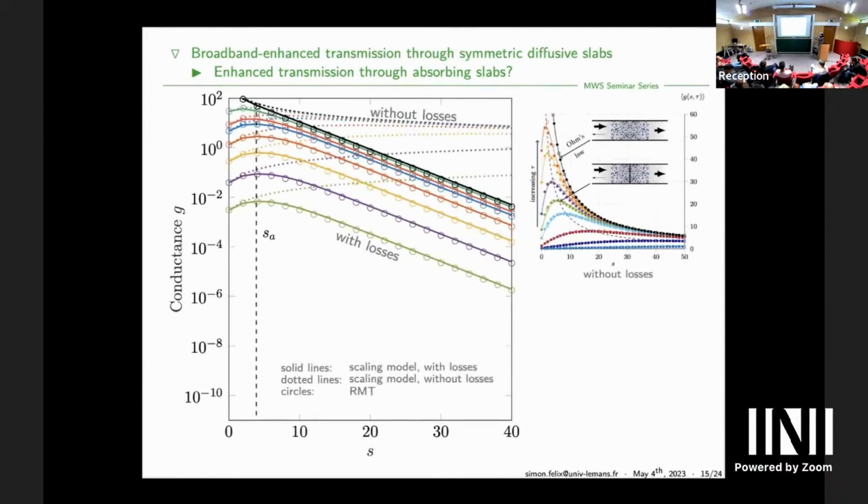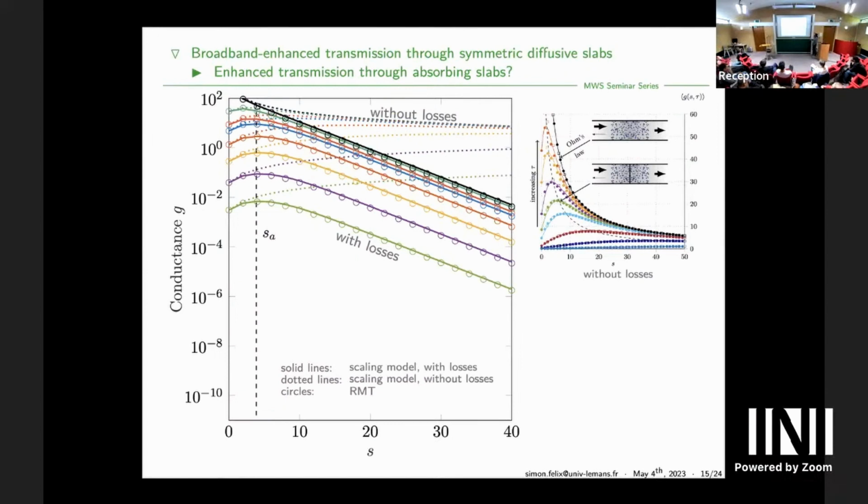So quickly, what I show here is the equivalent of this. This was lossless, this is with loss. What we see is that we can still reach some maximum. So we still have this effect of enhancement due to symmetry. But naturally, without surprise, it is weaker when compared to the lossless case.